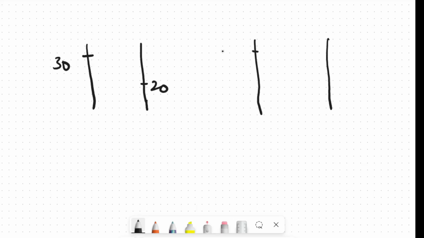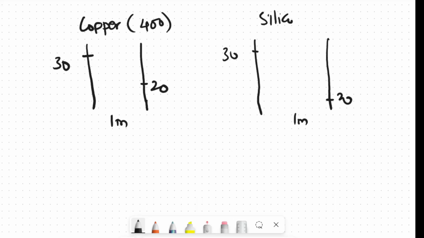Suppose this wall is of 1 meter length. In one case, suppose I use the material copper, and the conductivity of copper is 400. And in another case, I use silicon, and the conductivity of silicon is 148. Now, what will happen, friends?